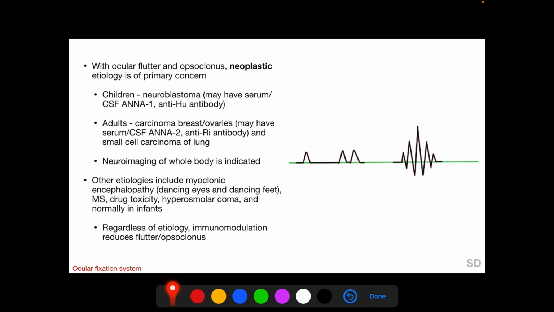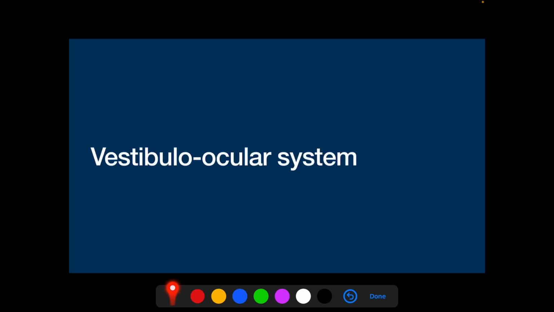Ocular flutter and opsoclonus may also be associated with small cell carcinoma of lung in adults. So if you find ocular flutter and opsoclonus, a neuroimaging of whole body is indicated. Other etiologies include myoclonic encephalopathy, multiple sclerosis, drug toxicity, hyperosmolar coma, and it may occur normally in infants. Regardless of the cause, immunomodulation reduces flutter and opsoclonus.